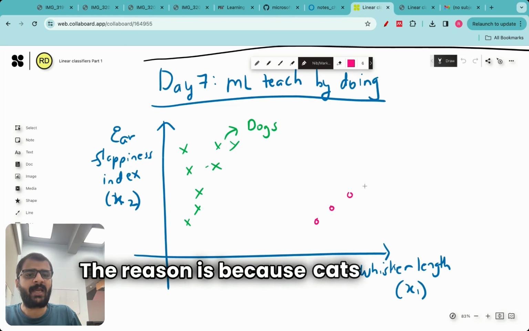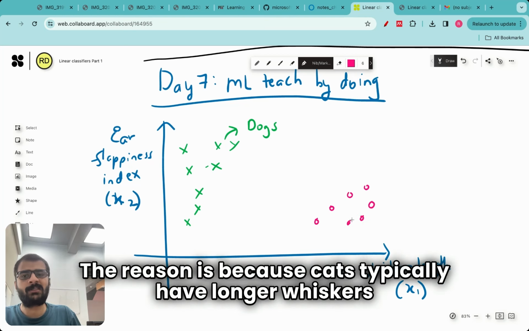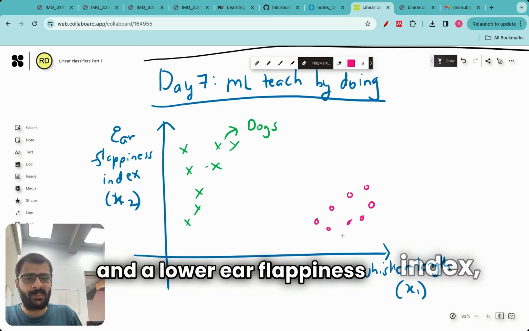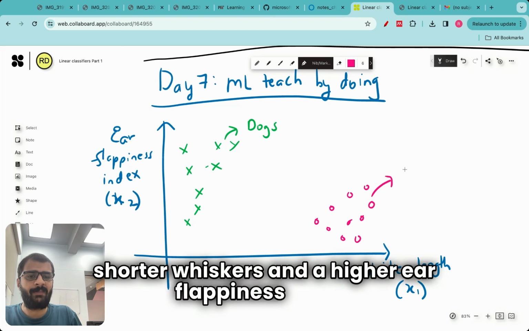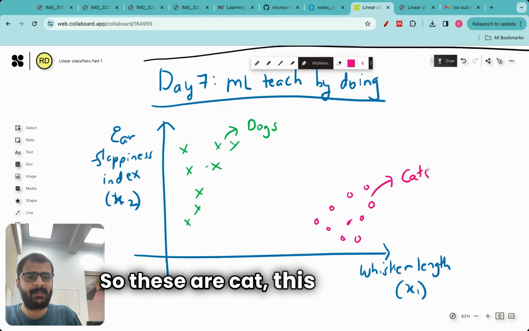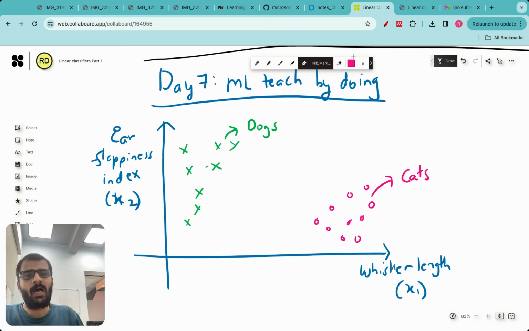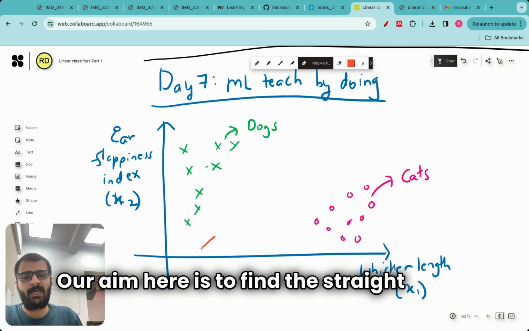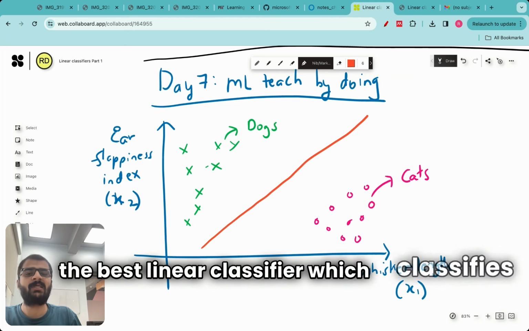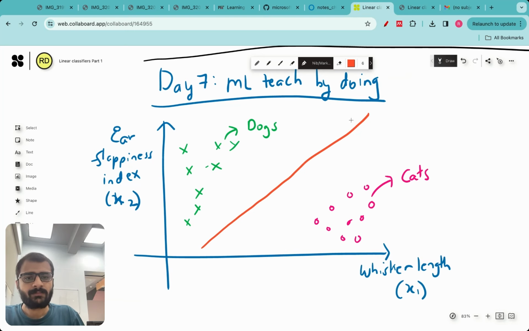The reason is because cats typically have longer whiskers and a lower ear flappiness index, whereas dogs have shorter whiskers and a higher ear flappiness index. So this is cat data. Our aim here is to find the straight line, or the best linear classifier, which classifies between these two.